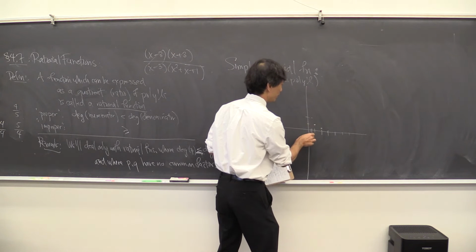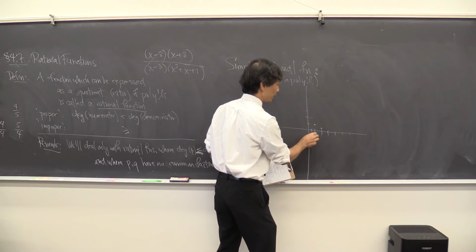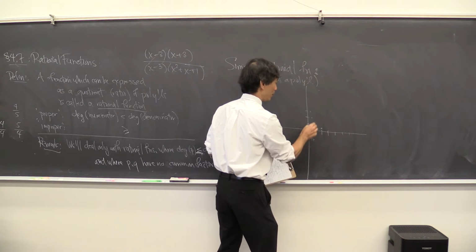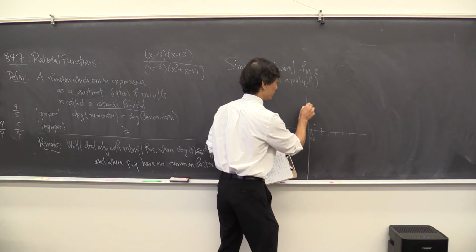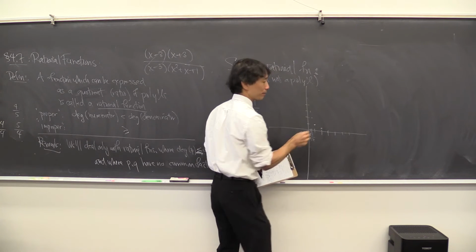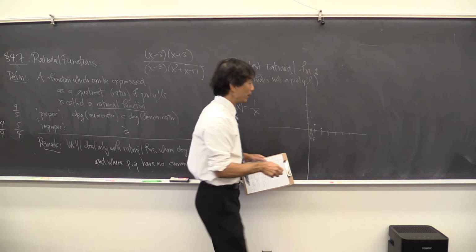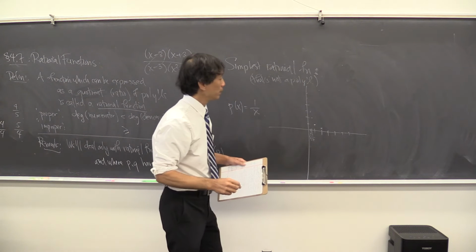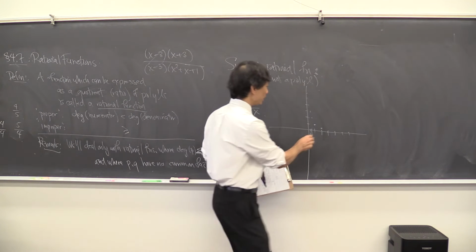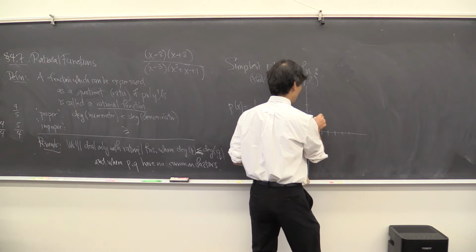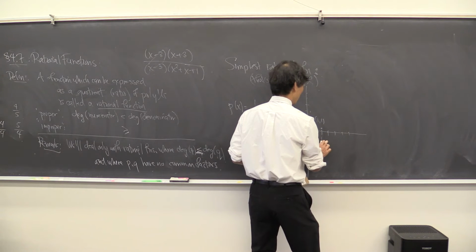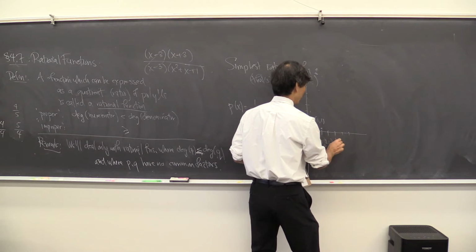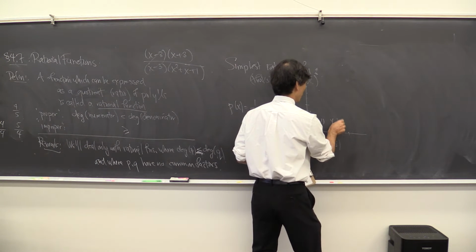At 1/3, it's 3. At 1/4, it's 4, and so on and so forth, right? So here we've got these points: 1, 1; 2, 1/2; 3, 1/3; 4, 1/4, and so on.